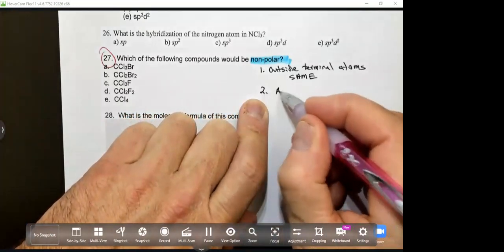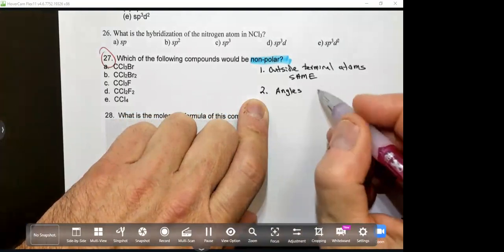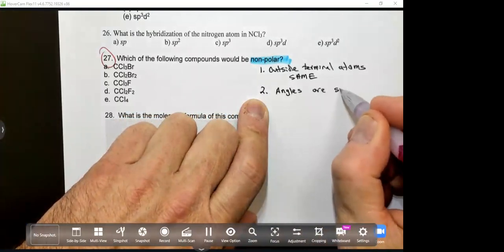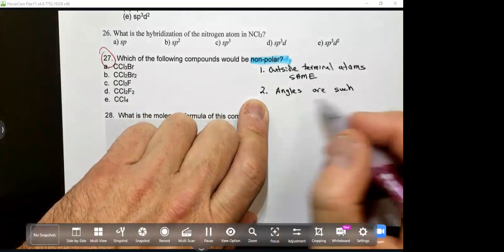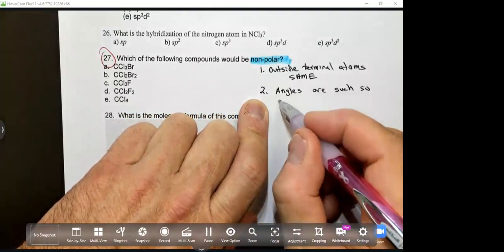Number two, those are such that everything cancels.